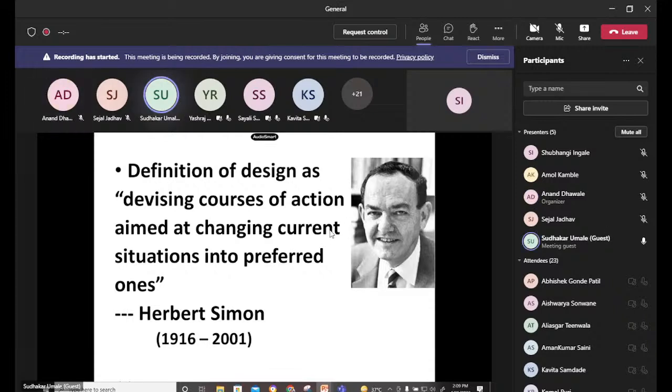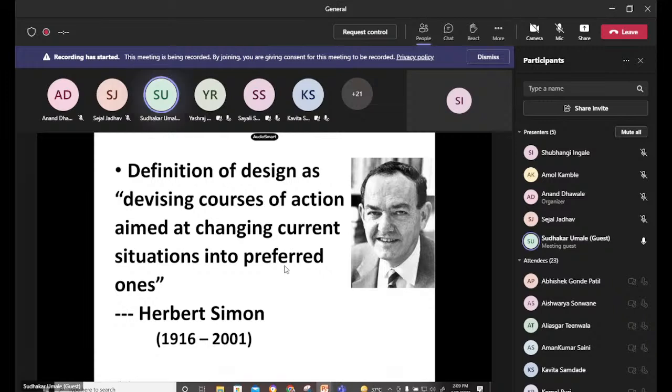Okay. So Herbert Simon is very familiar with this design process. He's the US scientist. He gave the definition of design as devising courses of action aimed at changing current situations into preferred ones.